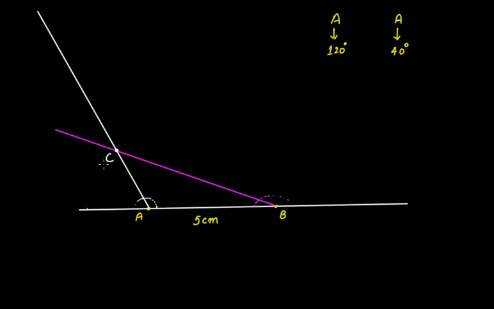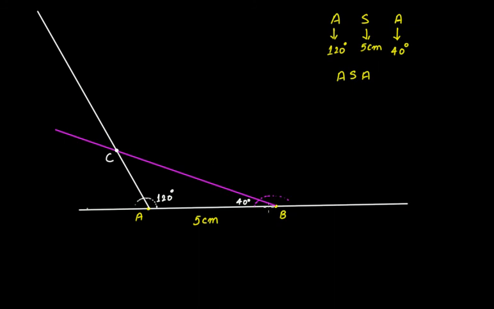This is C. Now we have a triangle here. This was 120 degree, this was 40 degree, and this side was given to us. It was 5 centimeter.